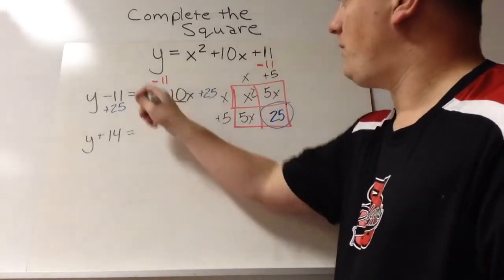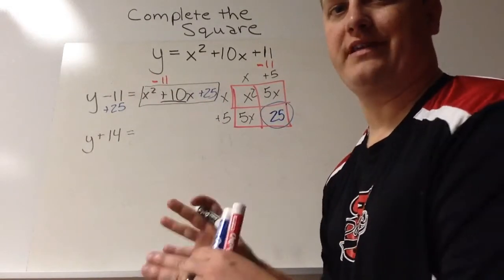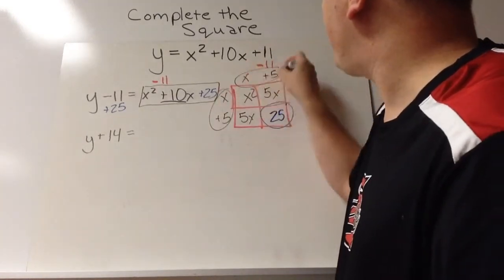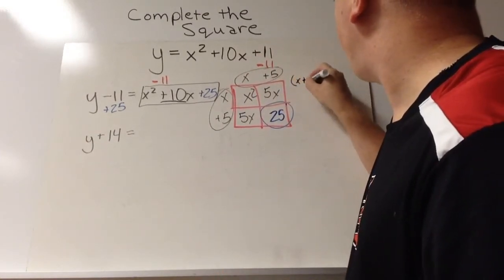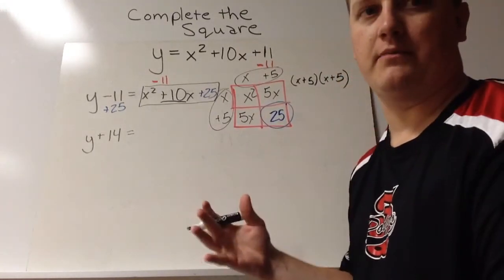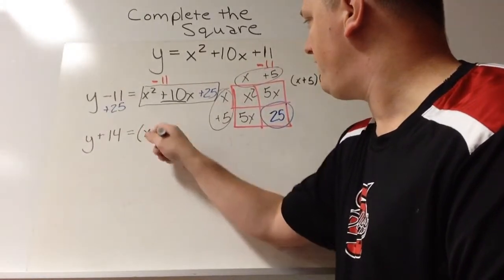And then we have this perfect square trinomial. Instead of writing it as a trinomial, we're going to write it in the factored version. So we have x plus 5 times x plus 5. Well, that can be written much simpler as x plus 5 squared.